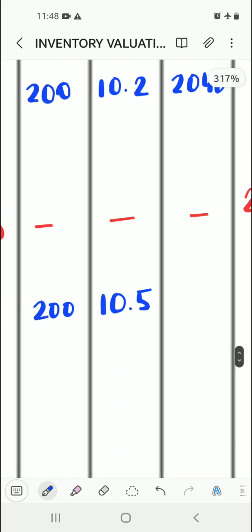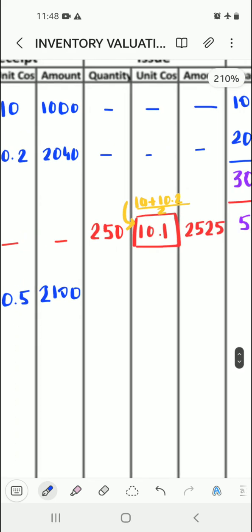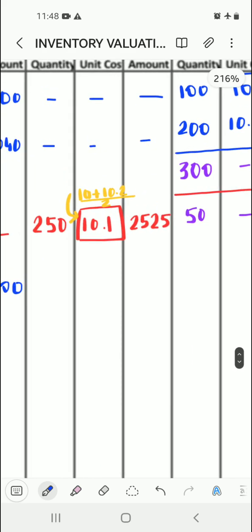Multiply 200 into 10.5, we get 2100. This is what we have got. Now there has been no issue on this date.